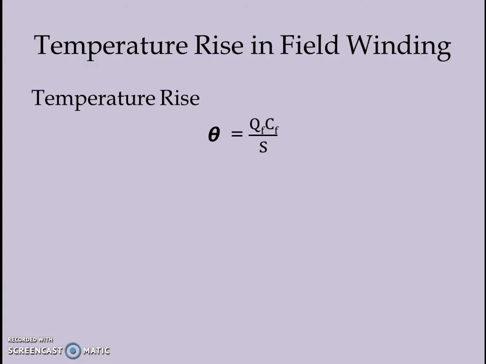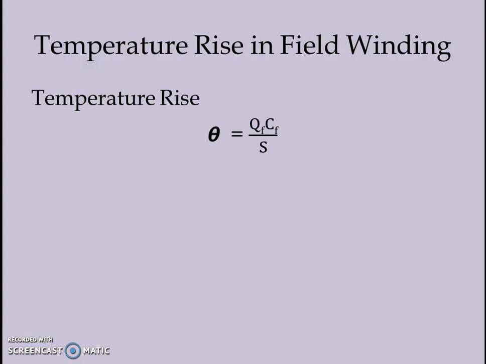Now it will help in two ways. First, by increasing the depth of the field winding, the current density will reduce, and if the current density reduces, it will directly affect the copper losses; the copper losses will also decrease.